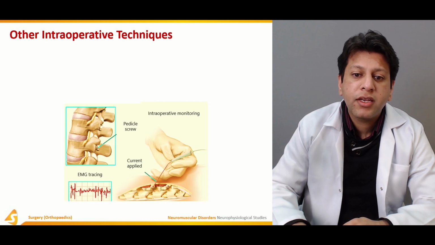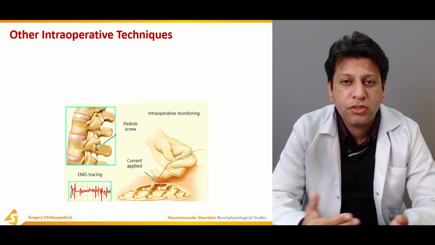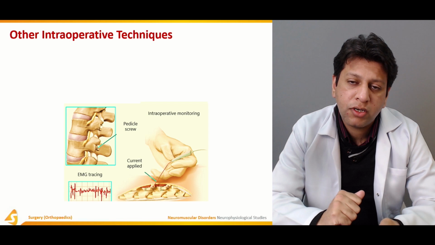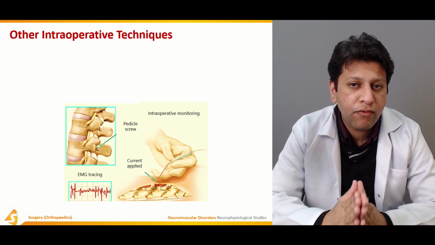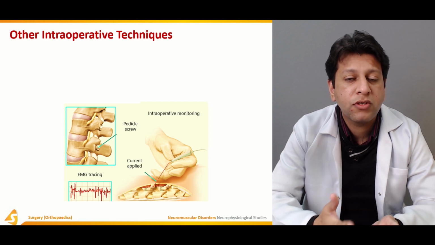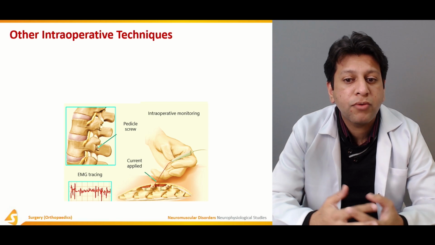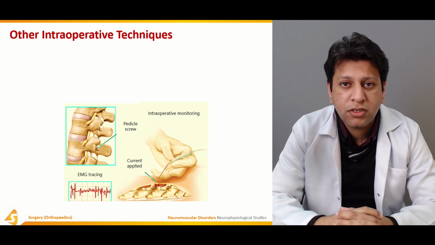Other intraoperative techniques, as I just told you: if a person is performing scoliosis surgery, during the correction of the curve there may be a neurological stretch on the nerves. To avoid that kind of disastrous stress, which may eventually result in a nerve injury, neuromonitoring and intraoperative monitoring is utilized.